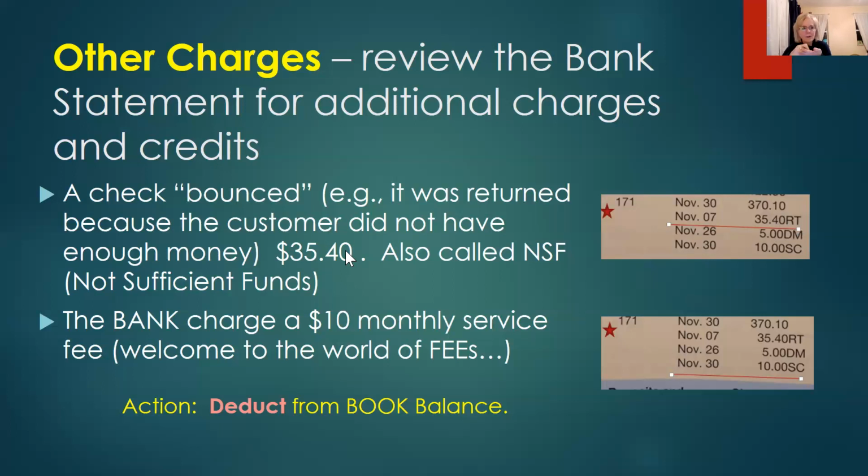The company recorded, we got $35.40, debit cash, credit accounts receivable because it's a customer. The company deposited it. And a few days later, the customer's bank said they don't have enough money for this. And they pushed the check back to the original bank. And so the bank says, whoops, we got to reverse this and charge it back to the company. So this is called an NSF, not sufficient funds. Okay. And we deduct it from the book balance.